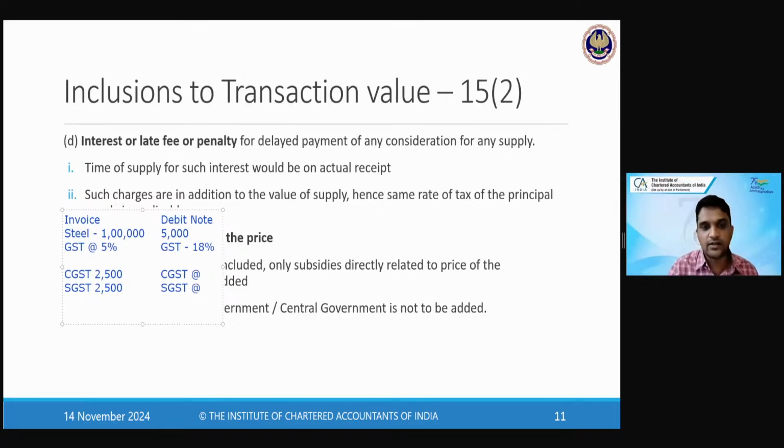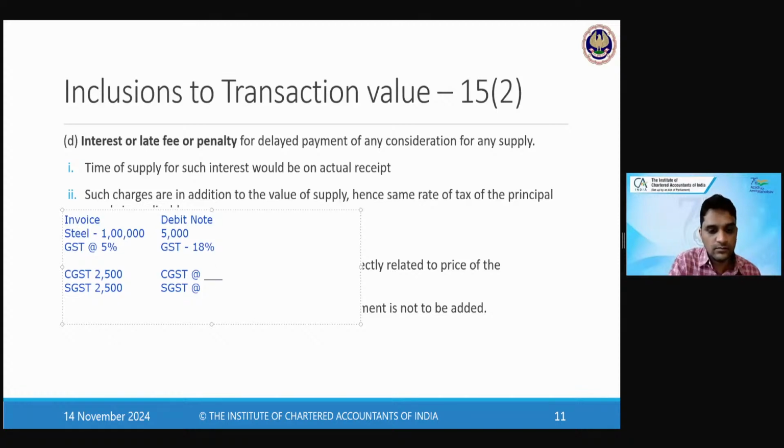And then we will multiply it. 9%, 9%. Okay.